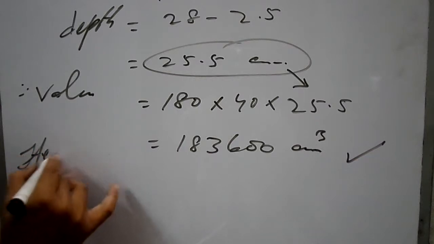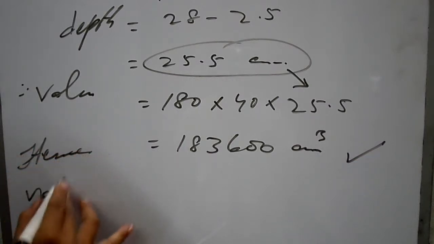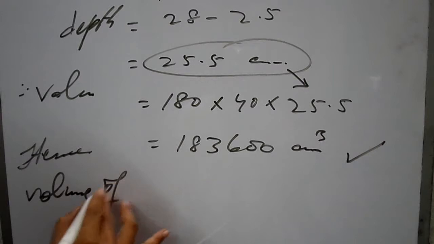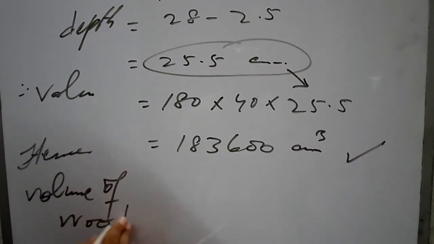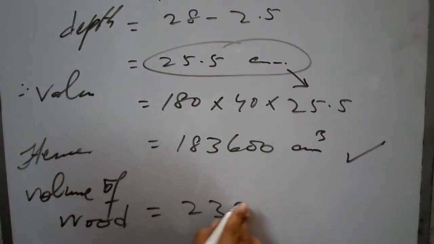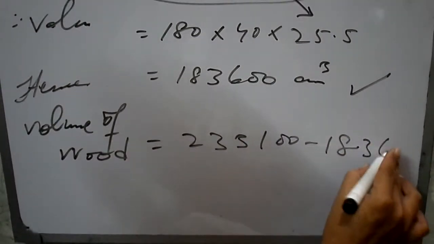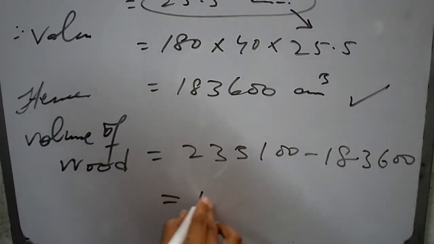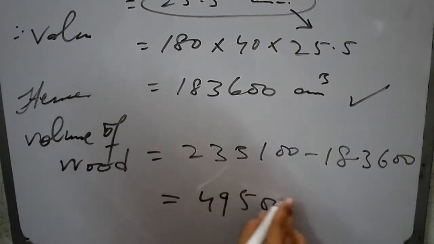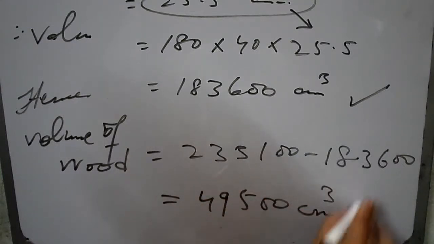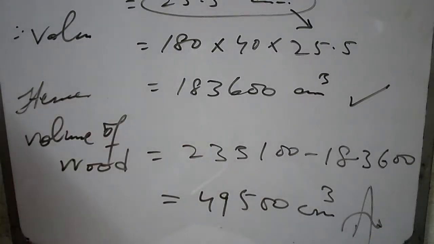Hence volume of wood is equal to 233,100 minus 183,600, so you will get 49,500 centimeter cube. That is the result, because we have to subtract, the net volume of wood will become this one. So coming to question number 10.